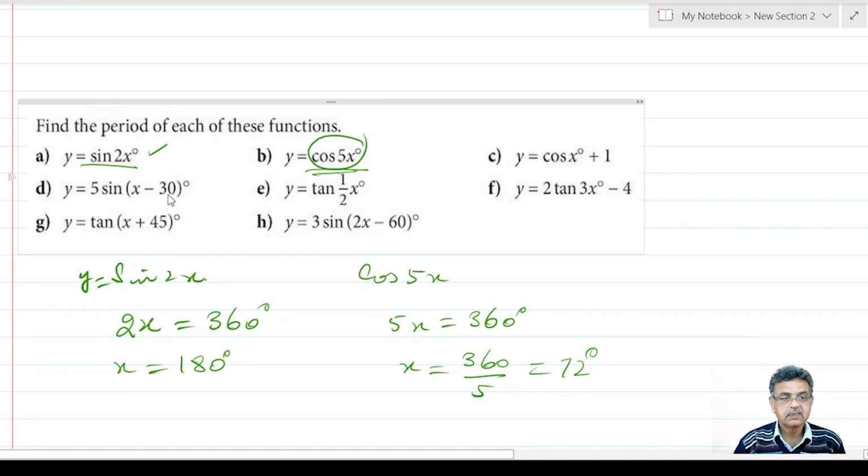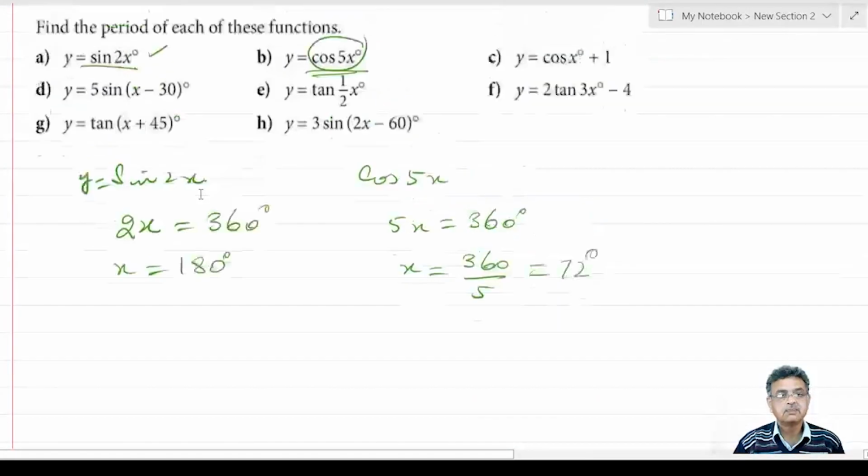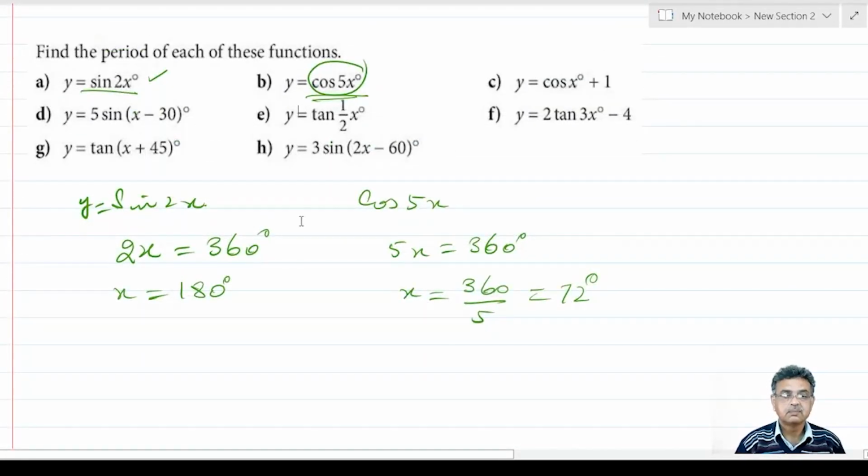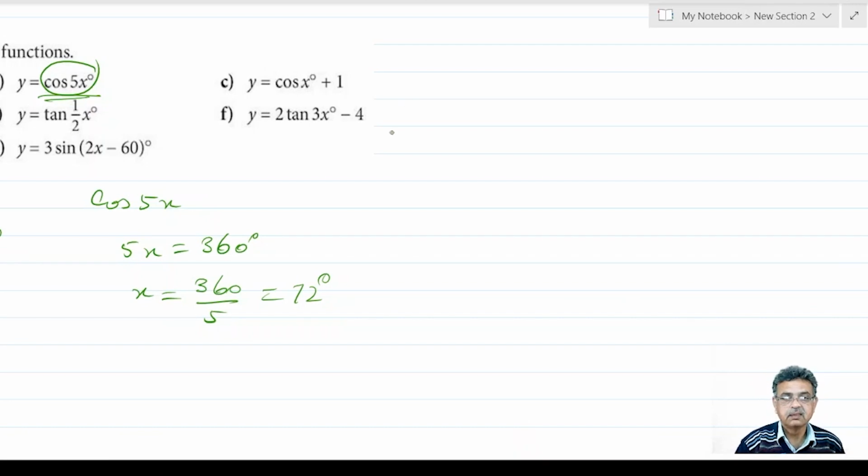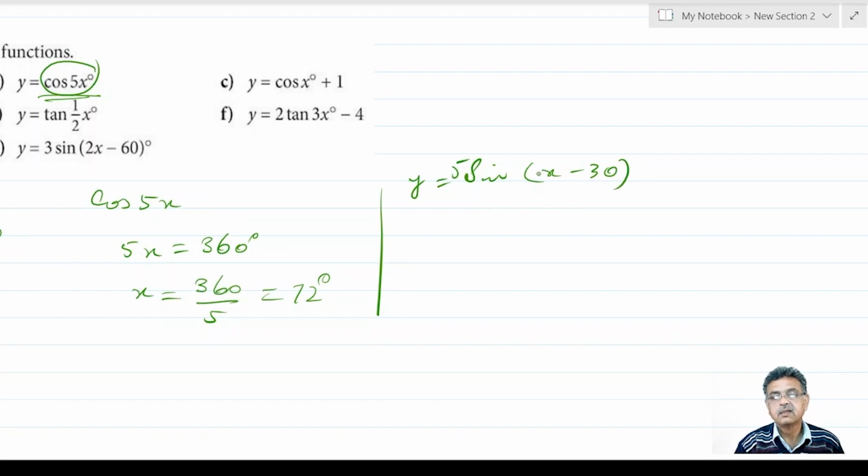Here in this graph, once again you can see that this 5 will be the amplitude. Let me write here: y is equal to 5 sine x minus 30.